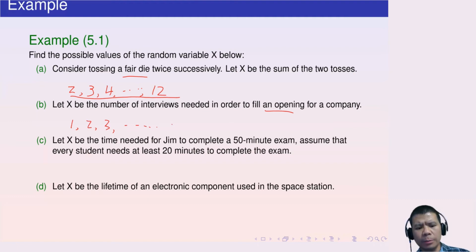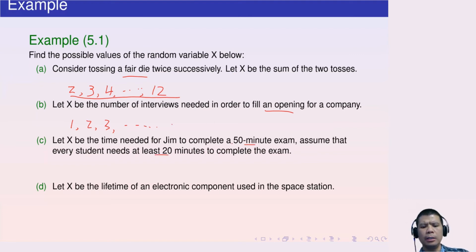C, the X be the time needed for Jim to complete a 15 minutes exam. Assume that every student needs at least 20 minutes to complete the exam. Okay, so now for this one, it can be the time to finish this exam.